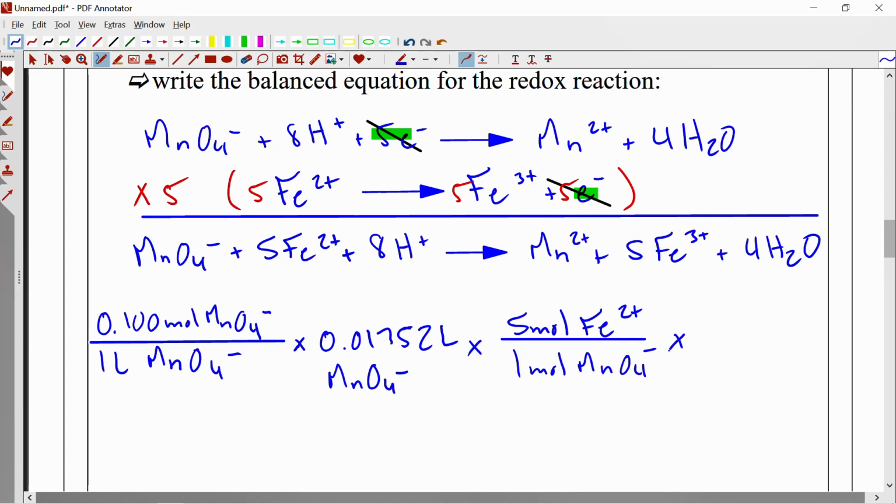So at this point, I'm going to have the moles of iron 2 ion, and we want to convert that to molarity. So I'm going to divide by the volume. The volume that we use in the sample was 25 milliliters converted to liters. I have to put something in my numerator, so I'll put the number 1. Okay, and if I calculate all of this, that will give me 0.3504.